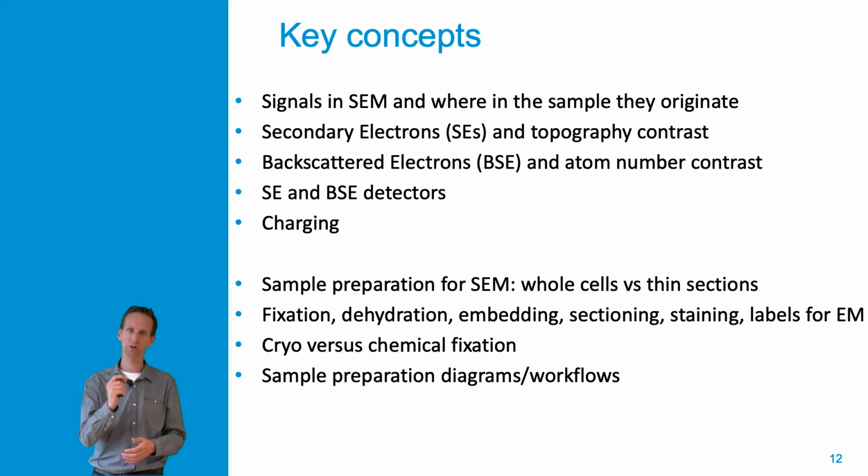So you have to understand why these different steps are applied and what the considerations are in applying each of these steps. We've looked briefly at cryogenic versus chemical fixation. You should know the pros and cons of both. And we've looked at the sample preparation diagrams or workflows, and how they relate these different steps with respect to each other.